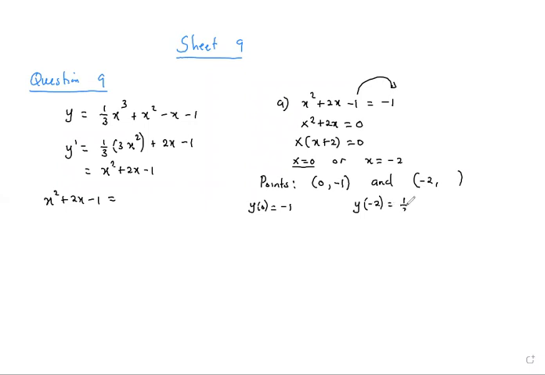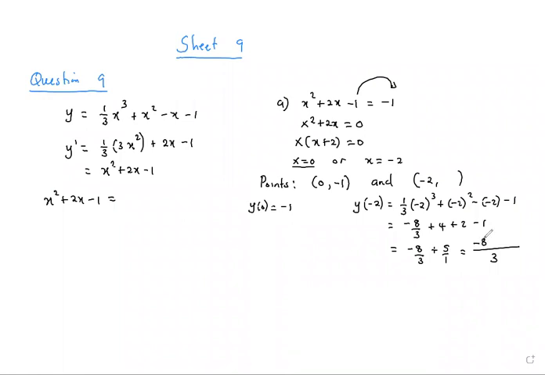What is y of -2? So we substitute. When there is x, we take -2 to the power 3 over 3 plus -2 squared minus -2 minus 1, giving us -8/3 plus 4 plus 2 minus 1. This is 4 plus 2, 6 minus 1, 5. So I'm doing -8/3 plus 5/1. Get the common denominator 3.